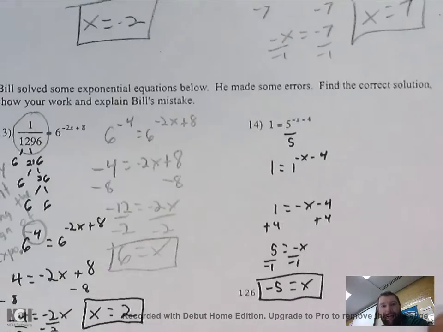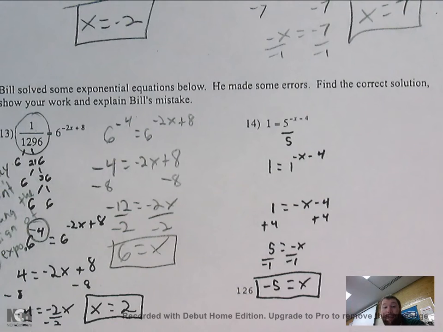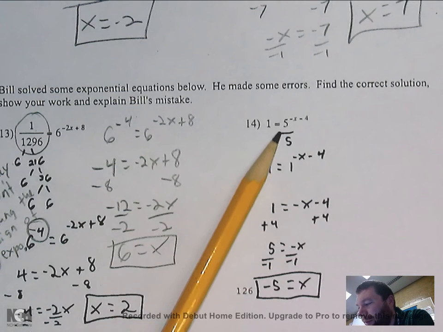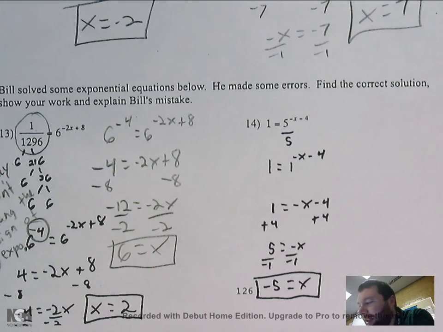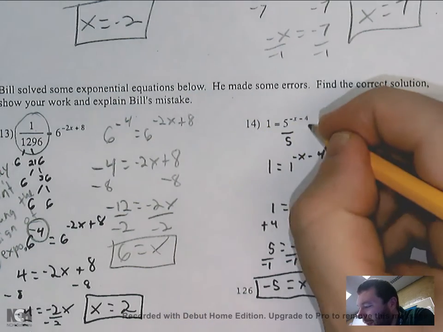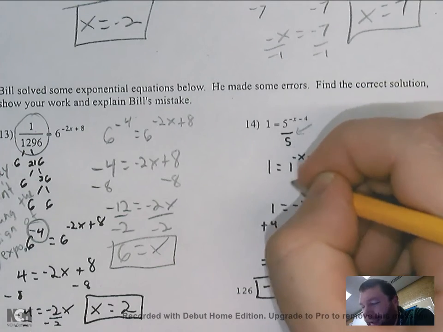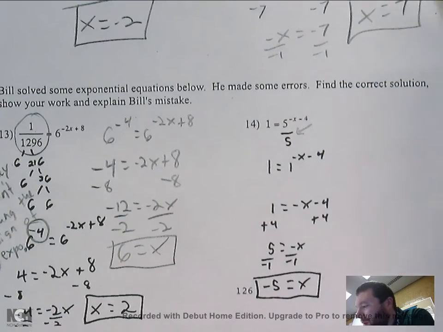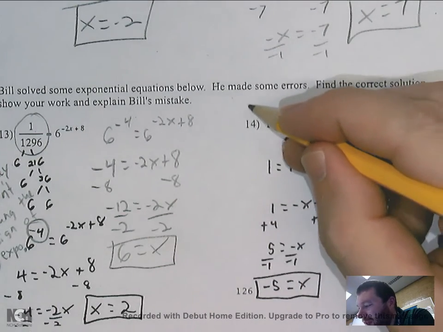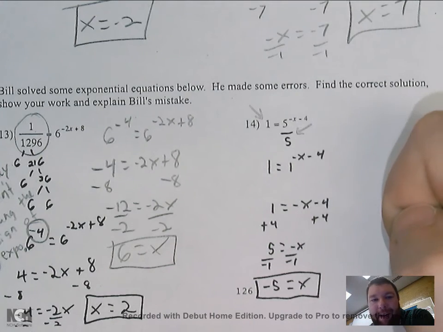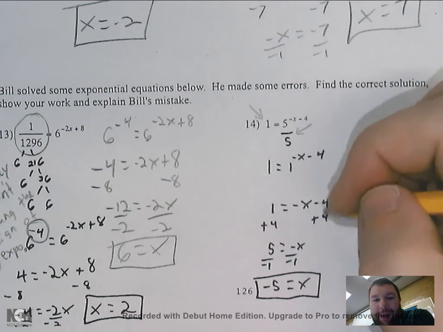Let's look at the next one. And again, you're going to have very, very similar problems and probably similar mistakes on the test, just FYI. This one, they have 1 is equal to 5 to the negative x minus 1. I can see the mistake right away, and it's right here. They tried to divide by 5 to get this to a base of 1. You can't do that. You have to change the 1 to a base of 5, and you do that by using the 0 property.